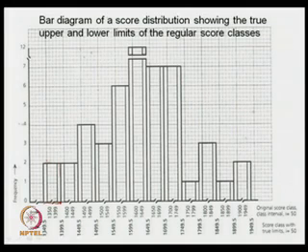So the true values of the classes are 1349.5 to 1399.5, then 1399.5 to 1449.5 like that, and the scores are there as per within this 2 scores, within this 4 scores, within this 6 scores like this.